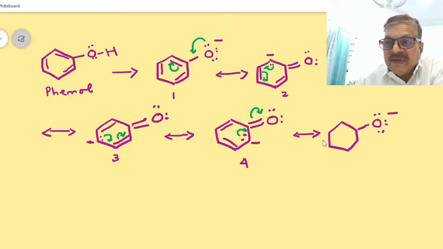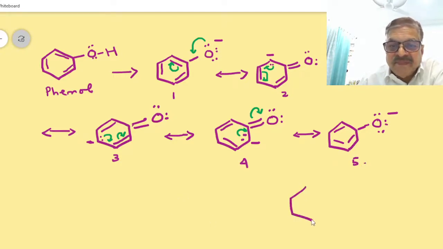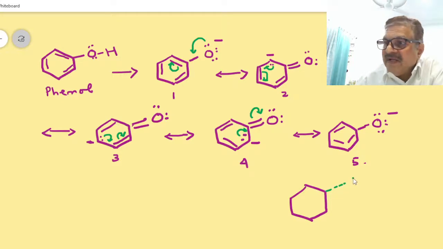Okay, this is structure number 5 here. Now the resonance hybrid will be something like this. We can draw dashed lines.